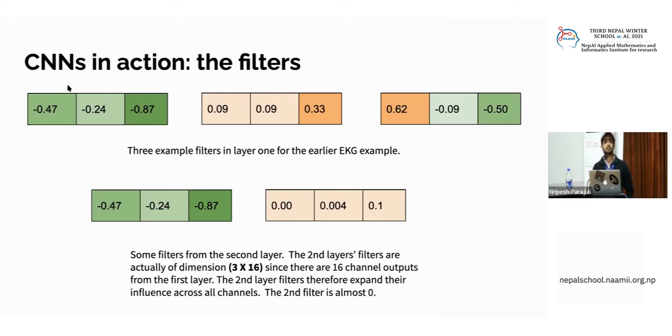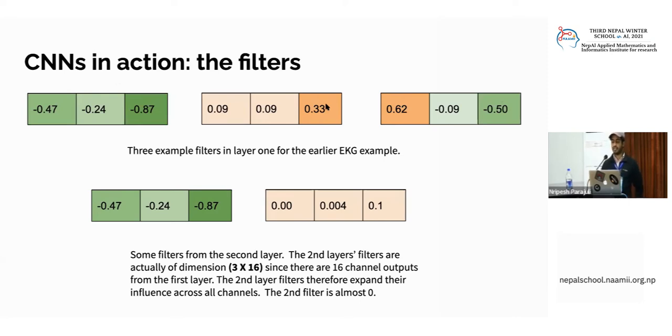Anybody has an idea? Or maybe this guy, the third one. I've color coded the negative values with green and the positive with this, I don't know what this color is, brown.